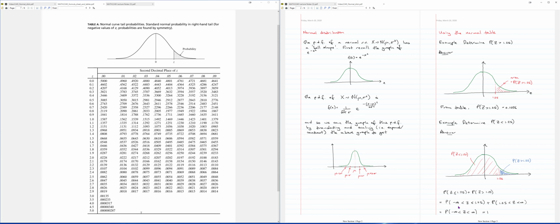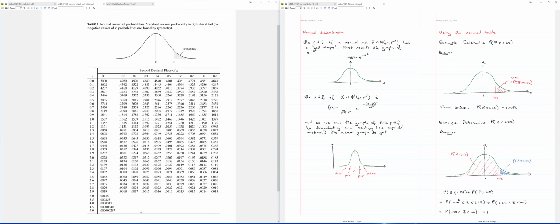This is what I have stated here. There's a slight difference to be technically correct: I'm actually including the 1.25. So probability z less than or equal to 1.25 is the red area including the line, and the probability z bigger than 1.25 is the blue area.